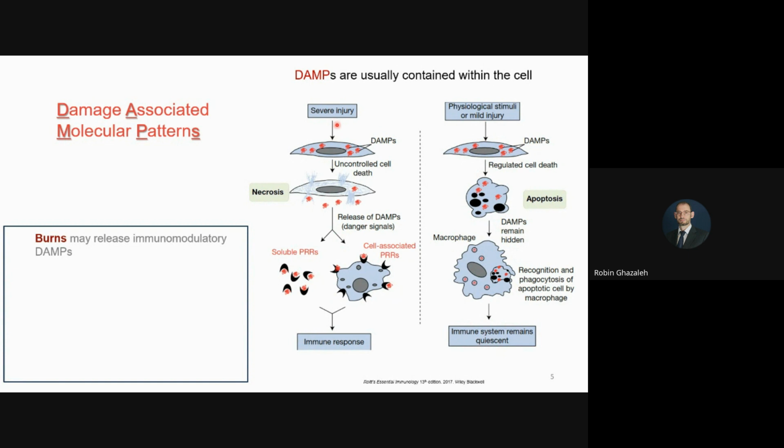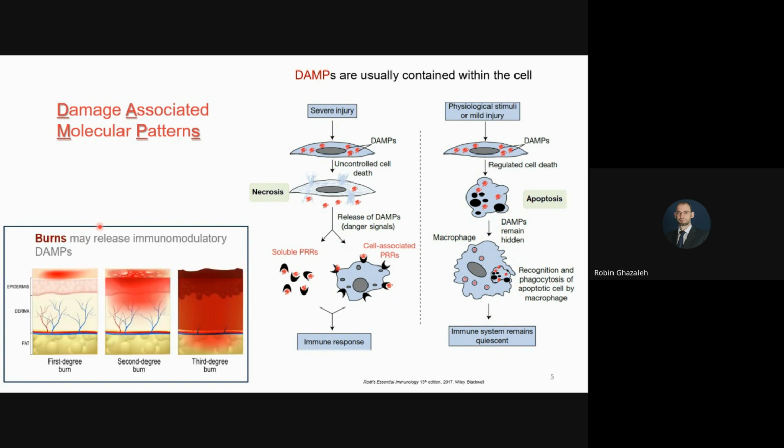But in the event of a severe injury, such as a severe burn, we're going to have the release of many immunomodulatory danger signals. And you may know that we can define burns in terms of first, second or third degree burns.